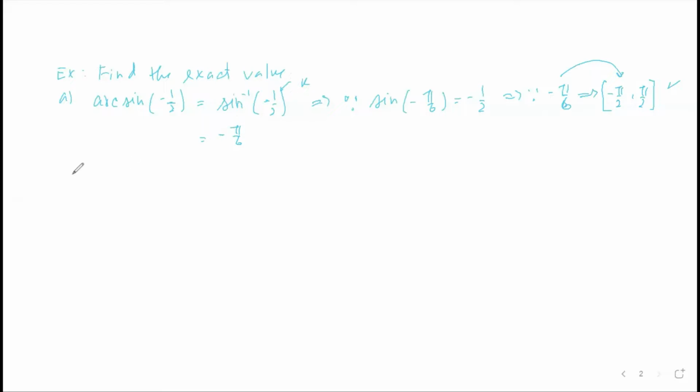Okay. So now we try maybe 2 more examples. Say arc sine of √3/2. In this case you can see right away it is similar to question A. √3/2 is sine of how many degrees? 60 degrees, correct?